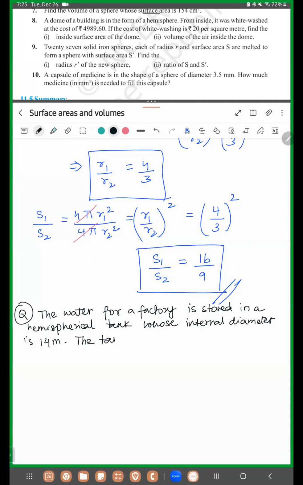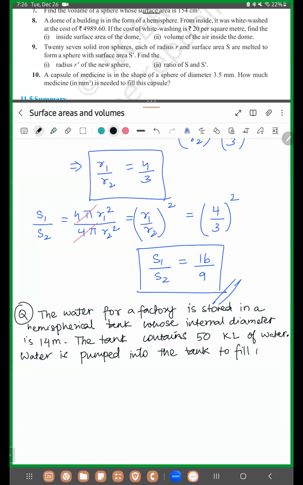The tank contains 50 kiloliters of water. Water is pumped into the tank to fill it to its capacity.